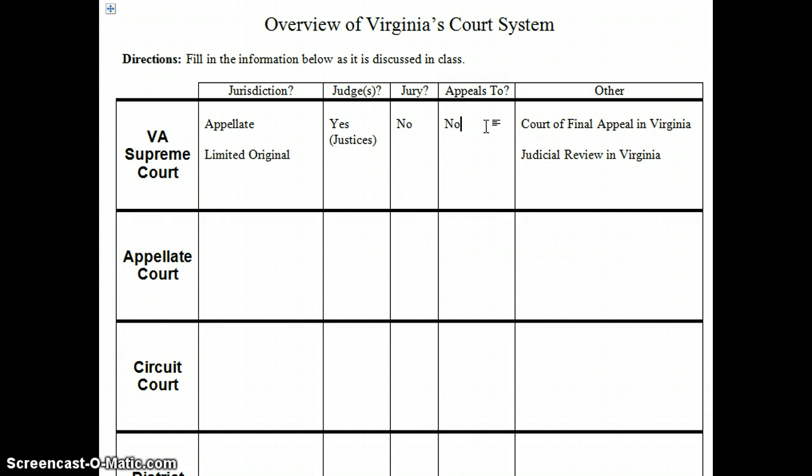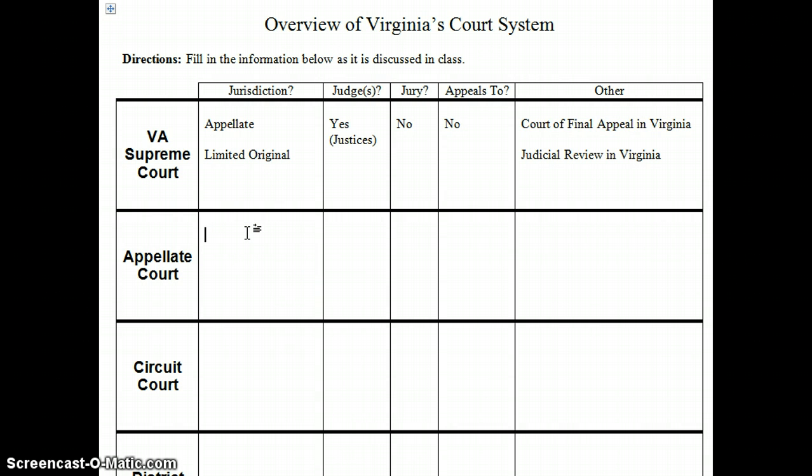Now, the only time when you can appeal beyond the Virginia Supreme Court is if you're appealing outside of Virginia's court system to the U.S. Supreme Court, if somehow you feel as though your U.S. rights have been violated. But normally, in most situations, once you get to the Virginia Supreme Court, it is the Court of Final Appeal, and you have no other options.